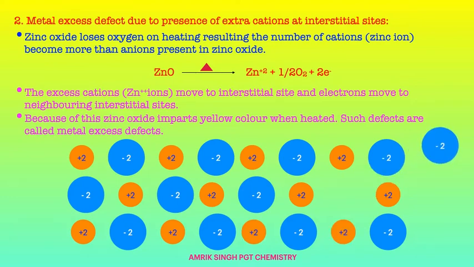Zn2+ and O2- are shown, with O2- in blue, alternating positive and negative. Then the O2- leaves the crystal when heated, in the form of O2. It releases 2 electrons, and the electrons go to interstitial sites as shown. The Zn2+ takes another interstitial site as shown in the diagram.